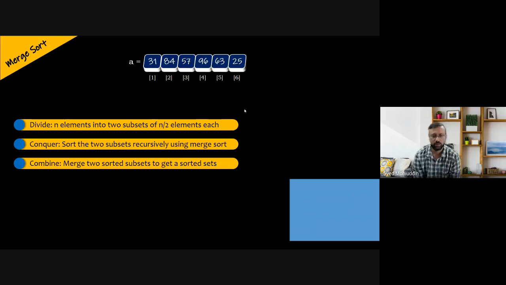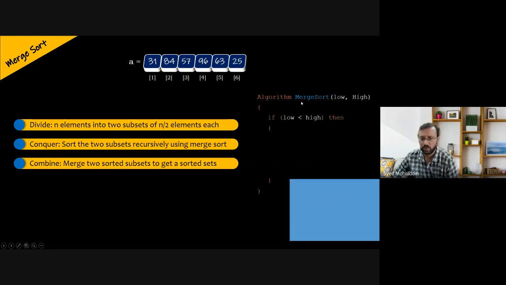Now comes the next part, merge sort itself. We have seen how to combine, merge. Now let us look at merge sort. Merge sort is a very simple algorithm. Merge sort takes two parameters, low and high. Initially low will be index 1, high will be index n.